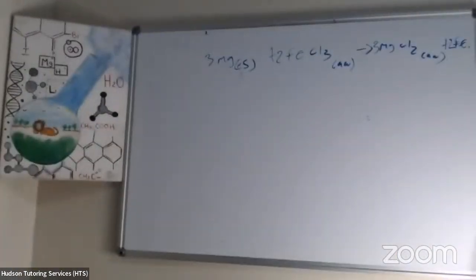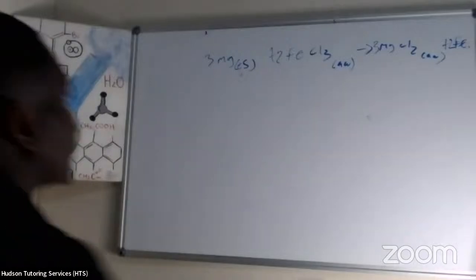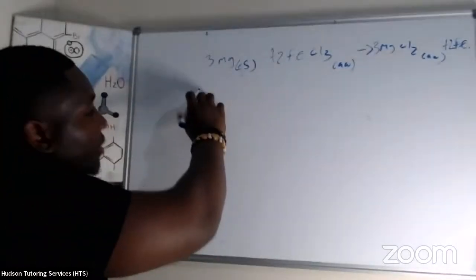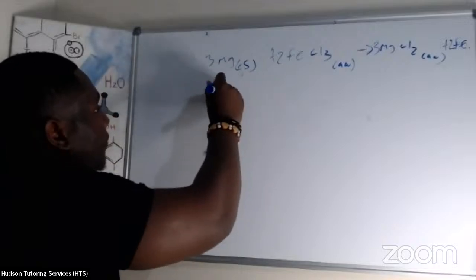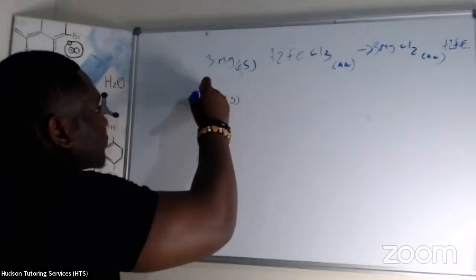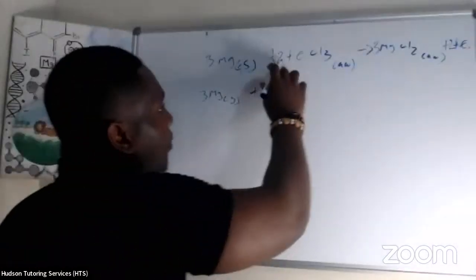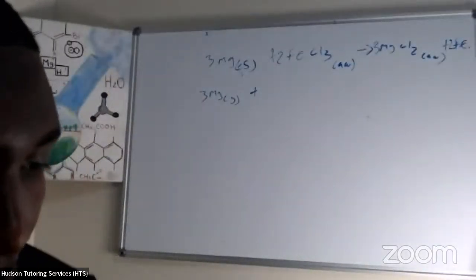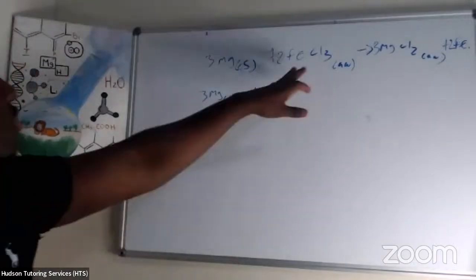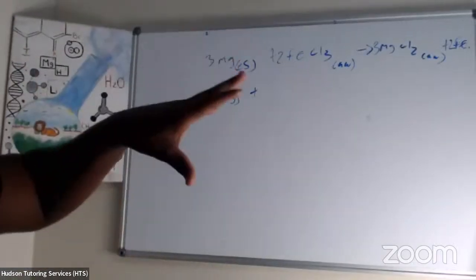What we normally do in ionic equations, let's break it down. Magnesium remains as is, no need to split it, it's in its natural state. Of course, plus FeCl3. Remember that in an ionic equation, we're supposed to split up the ionic compounds.